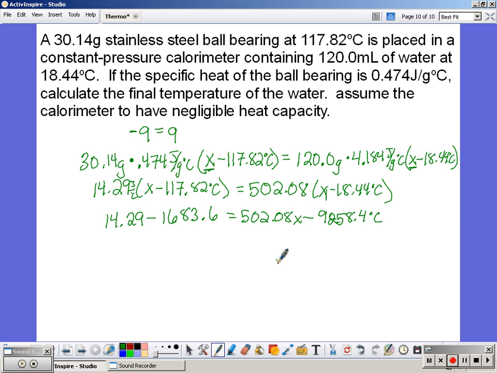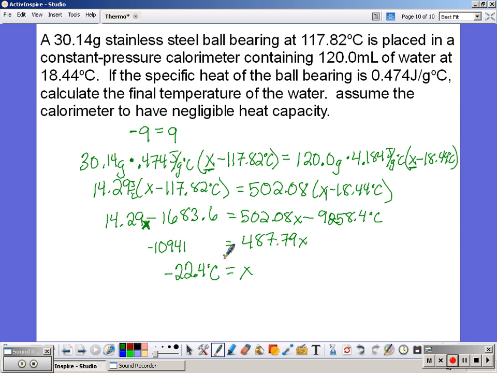Oh, that should have had the x there. So x equals a negative 22.4 degrees Celsius.